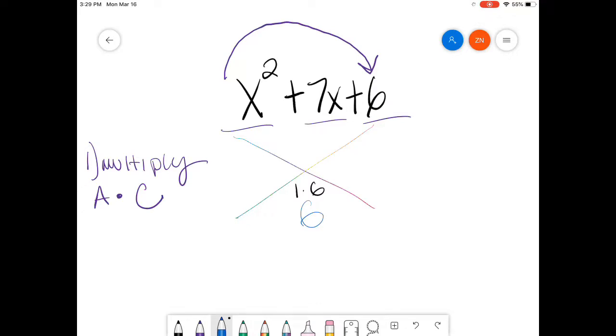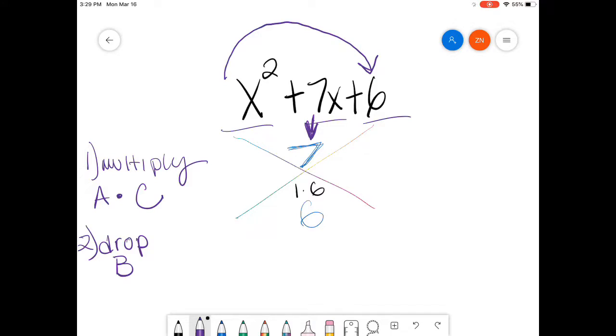Now we have some other sections we need to fill in the umbrella man. First off, he needs something to hang on to. So we're going to drop this down here like it's the handle of the umbrella and put the 7. There's no addition, multiplication, anything. You're just dropping down that number B is what we call. So step 2, drop B. Multiply A and C, drop B.